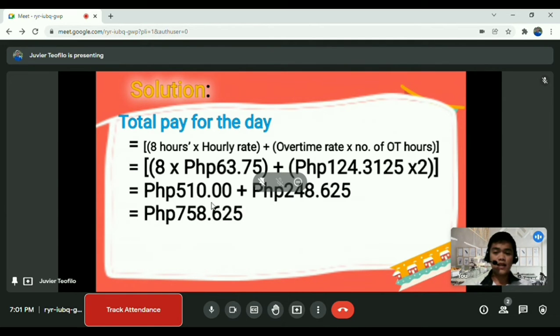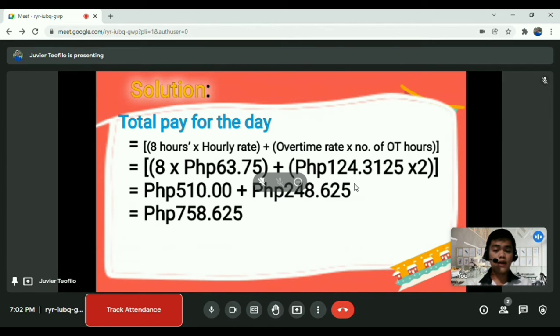So let's have the last step. Total pay for the day is equal to 8 hours, which is the number of working hours, times our hourly rate, which is 63 pesos point 75 centavos, plus our overtime rate, 124 pesos point 3125 centavos, times the number of overtime hours, which is 2. Now, to multiply 8 times 63.75, we have 510 pesos.